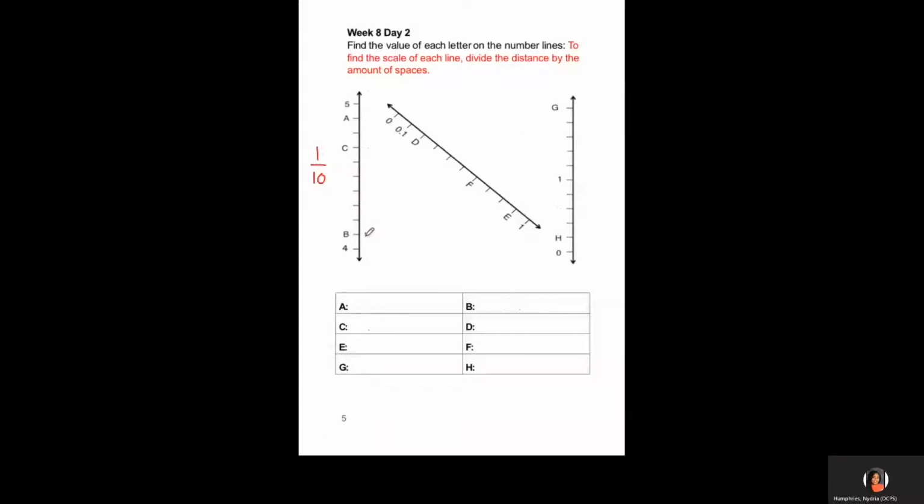B is 4 and a tenth. And if we were to write 4 and a tenth as a mixed number, we can say that it would be 4 times 10 is 40, plus 1 is 41. So that would be 41 over 10.